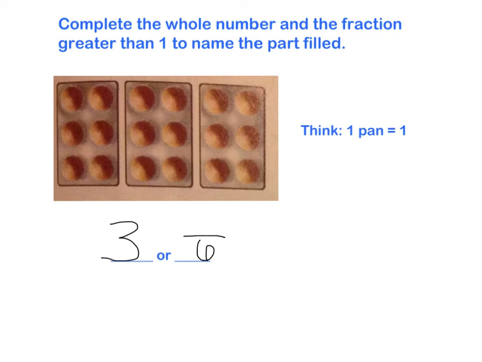Now I want to look at the total number of muffins in all 3 pans. I see there are 1, 2, 3, 4, 5, 6, 7, 8, 9, 10, 11, 12, 13, 14, 15, 16, 17, 18 muffins all together. So I write the total number of muffins as my numerator.